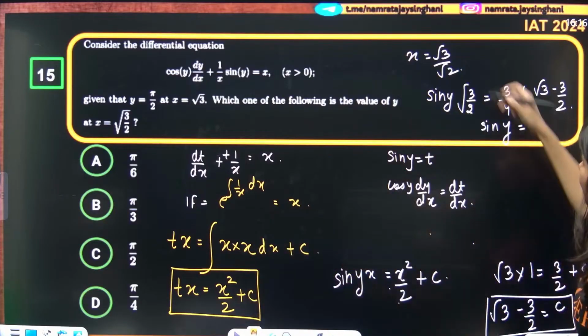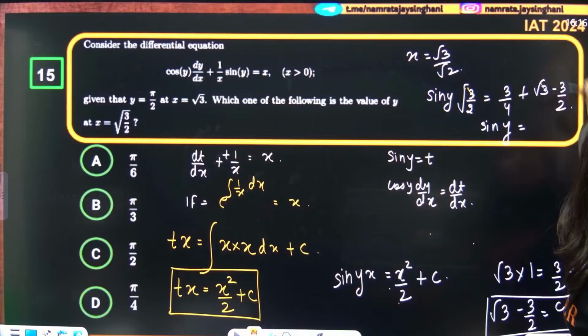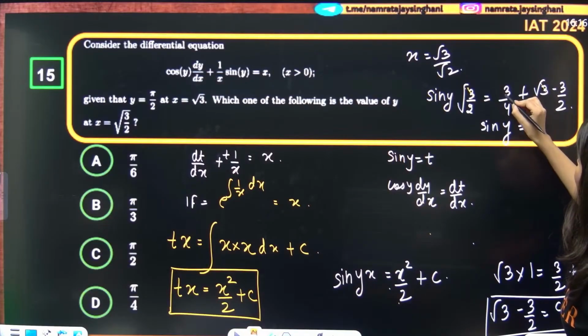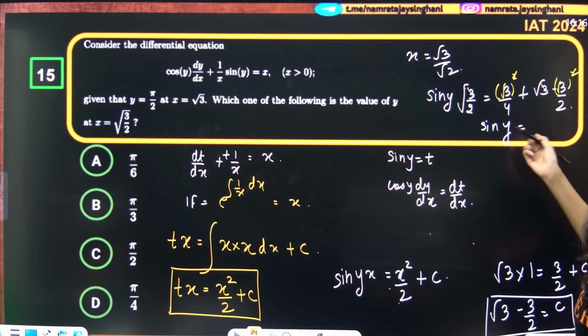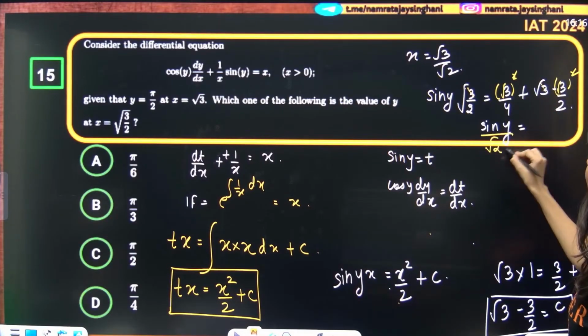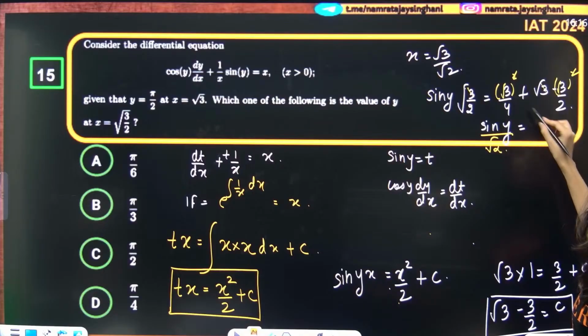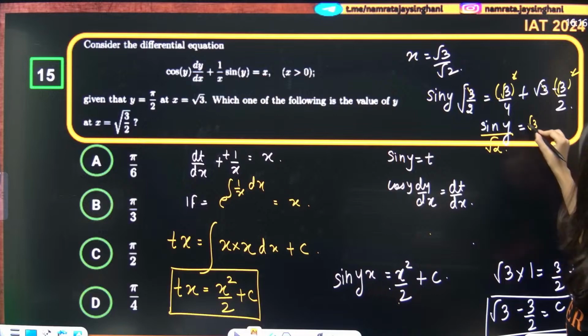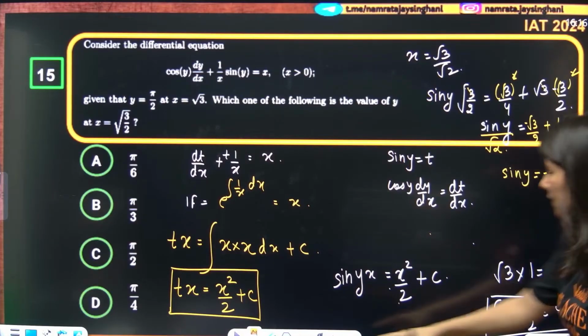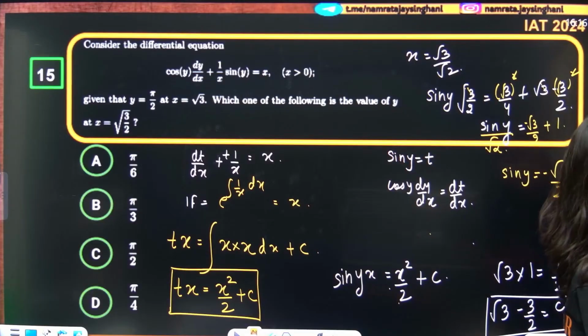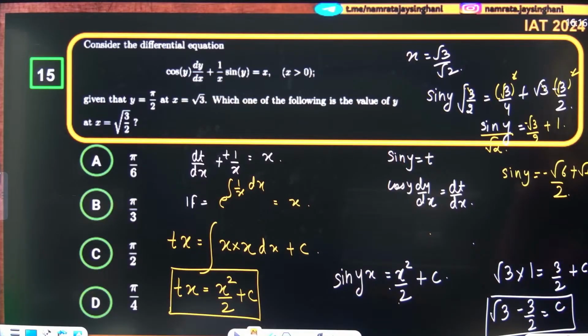If you observe, this root 3 is gone, this root 3 is gone, and this is actually root 3 square. So from here, square is gone. So sin y by root 2 is nothing but, this is root 3 by 4. Root 3 if you take common, 1 by 4 minus 1 by 2 is minus 1 by 2. Minus root 3 by 2 and this is plus 1. Sin y is nothing but minus root 6 plus root 2 upon 2.